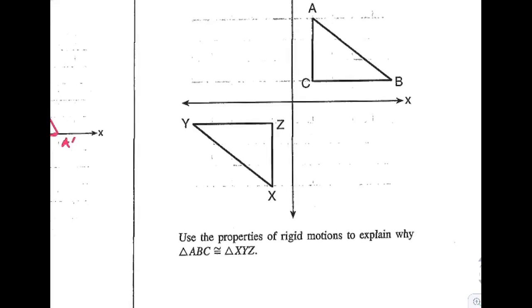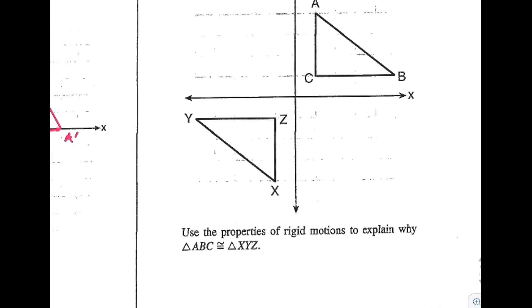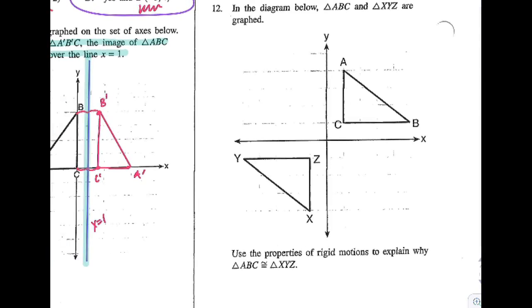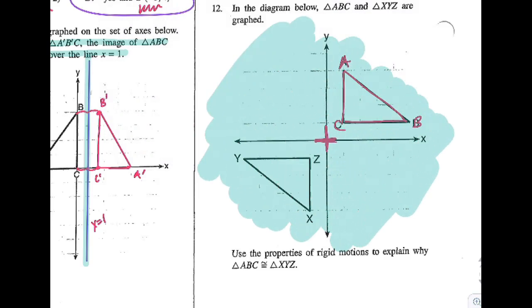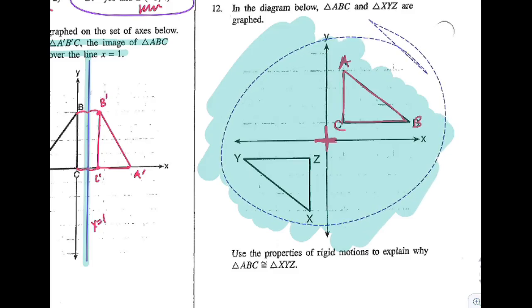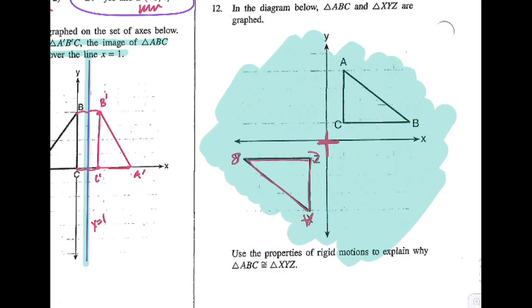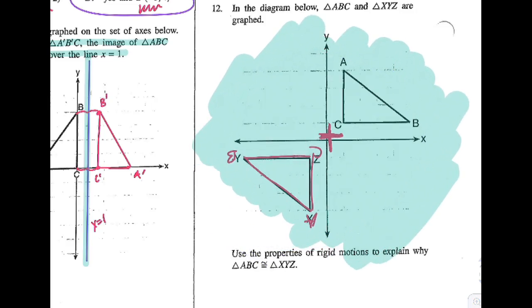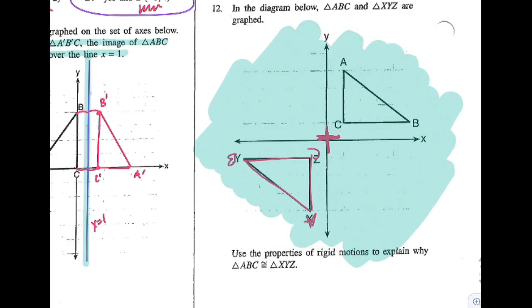Number 12. ABC and XYZ are graphed. Use the properties of rigid motions to explain why they are congruent. Well, which rigid motion maps ABC onto XYZ? If I was to use patty paper and use the origin right there, and I put my patty paper over the entire sheet, we'll pretend that's patty paper, and I did this, which is a rigid motion, everything lines up.